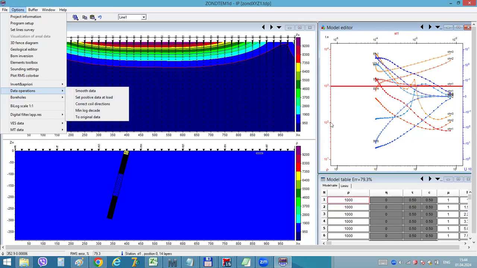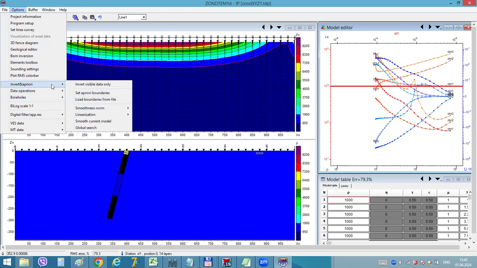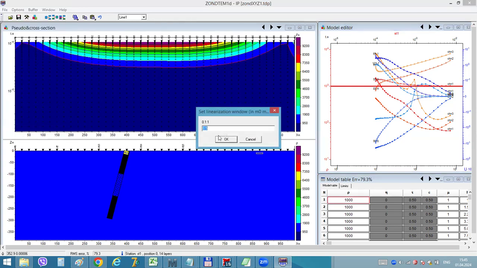And I choose incorrectly: I should start from 100 or 50 ohm meters, but here it is 1000. But I can choose a big vicinity. For example, it's in units of the model, so it's a natural logarithm.